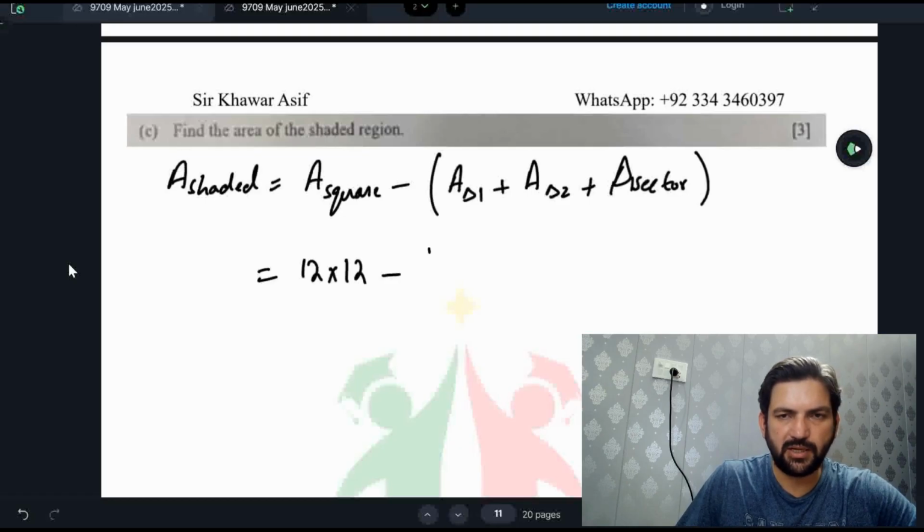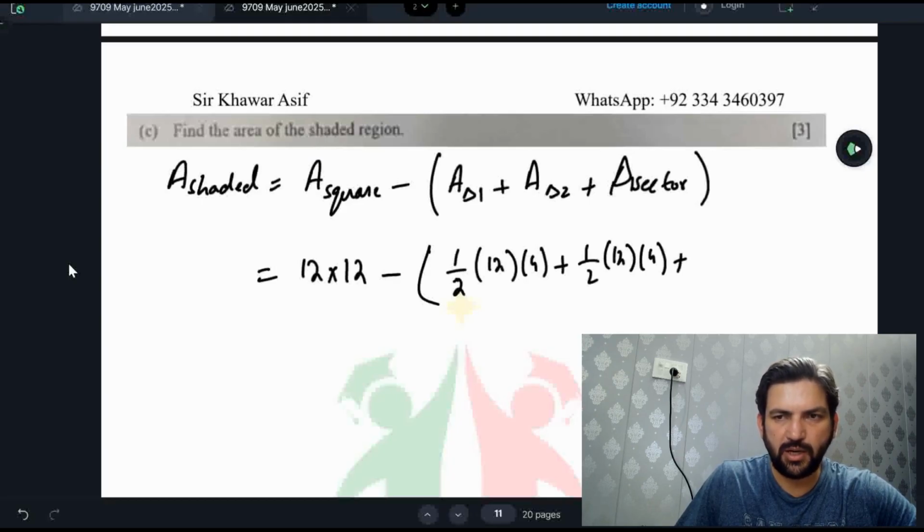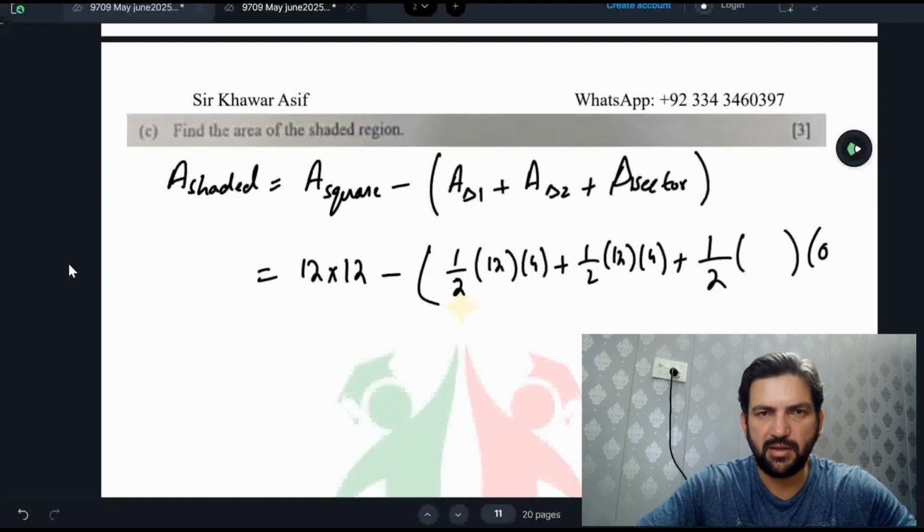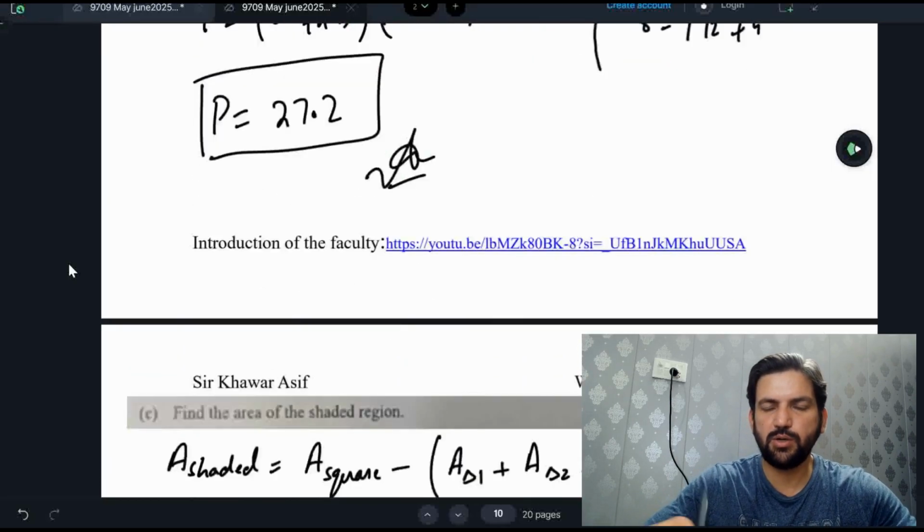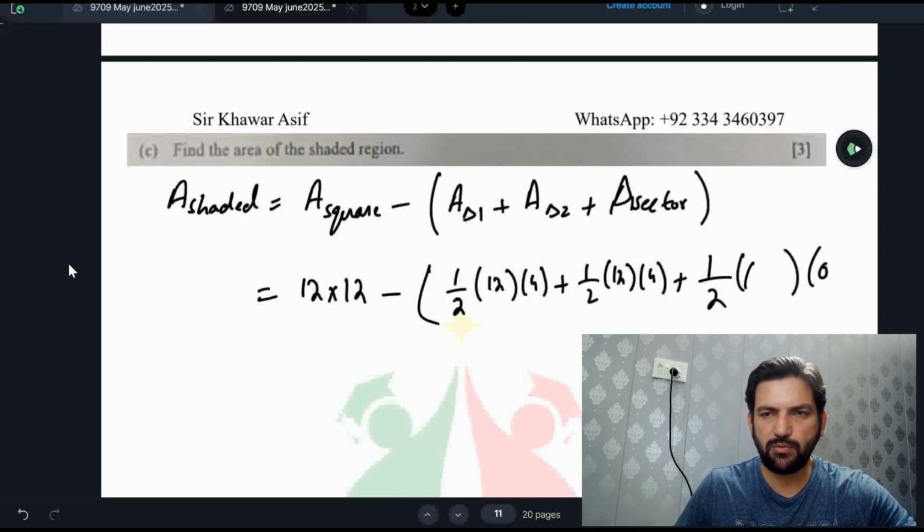Now the area of the square will be equal to 12 multiplied by 12, minus the area of the first triangle, which is 1 by 2 into base into height, plus 1 by 2 base into height, plus the sector, which is 1 by 2 r squared theta. If we use the exact value, the radius is the square root of 12 squared plus 4 squared, with theta 0.9273.